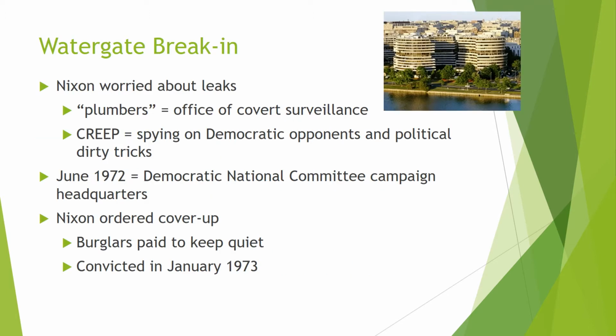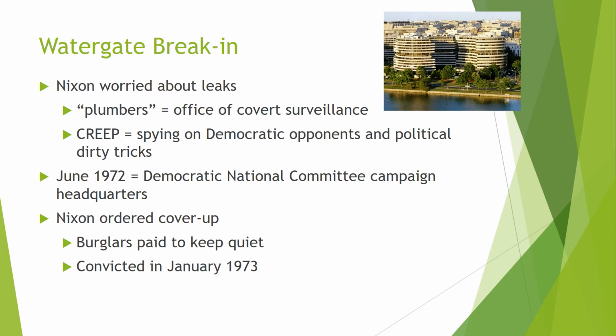The Watergate scandal is related to the presidential election of 1972 because after the leak of the Pentagon Papers, President Nixon was very concerned about unauthorized leaks to the press. And if you're worried about leaks, you call in the plumbers.